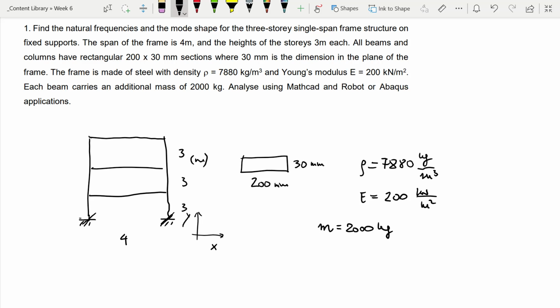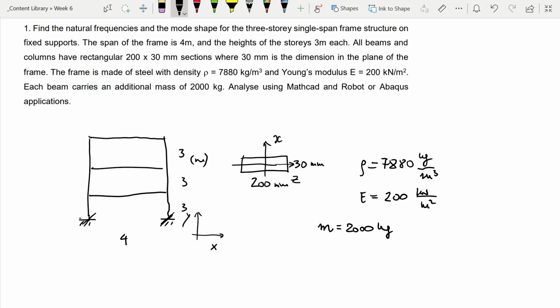So if this is the XY plane, that means that the dimension of 30 is in the X direction, and the direction of 200 is in the direction normal, so Z. So basically the frame is thin and long in terms of its section. And that is for the column.